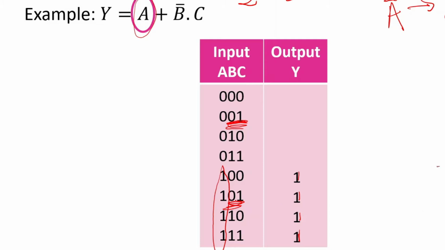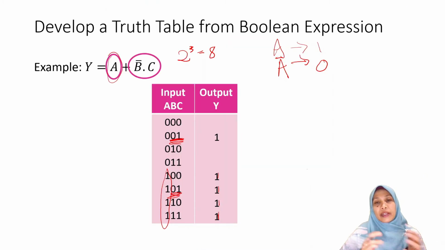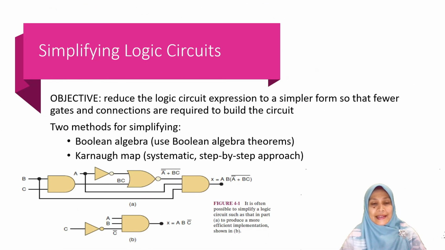But for this row, we already marked the output equal to 1, so no need to mark it again. Just leave it there as a 1. And for the other inputs, the output is equal to 0.